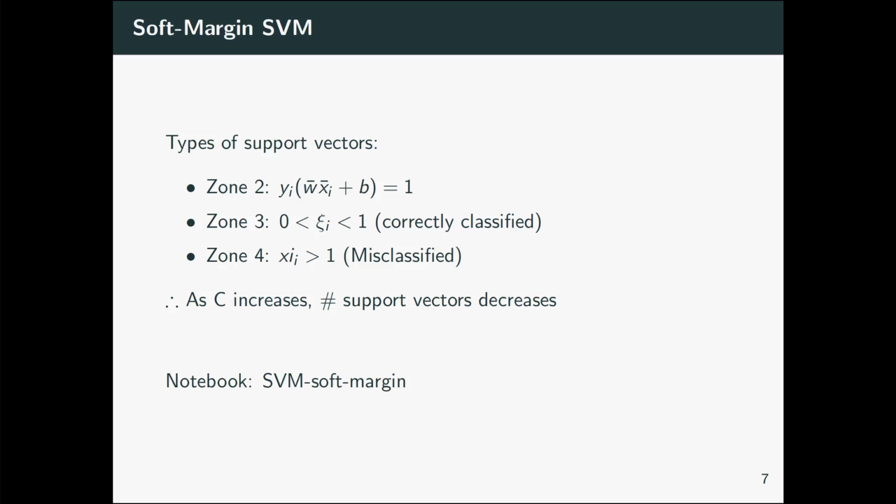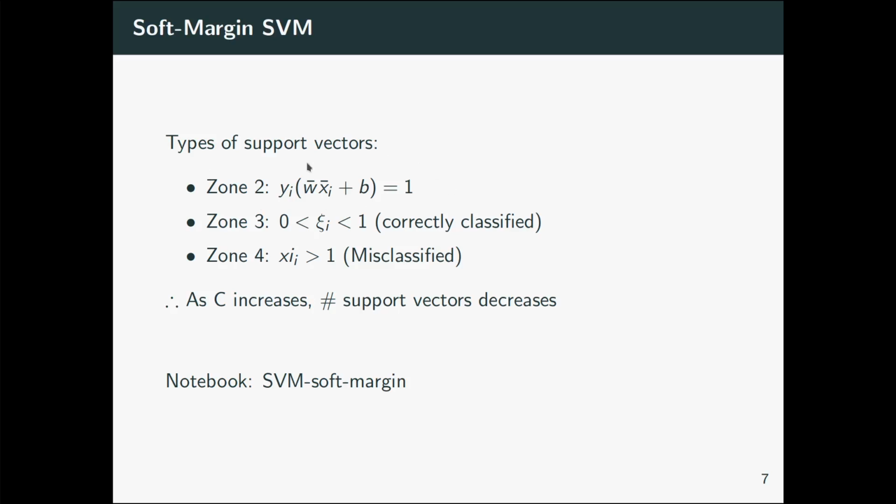So for the soft margin case, the support vectors will also contain the points which are on the wrong side of the margin, because if those points were removed, the classification boundary can significantly change, because you don't then need that amount of slack to be given, right?